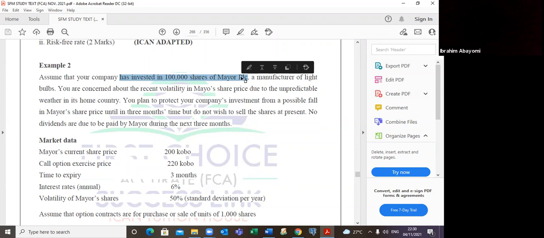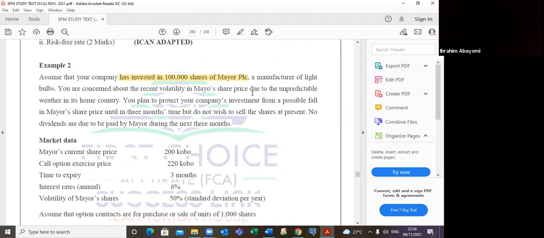So if you have something, will you buy it again? No. You understand? The answer is no. So it means that this company will be selling the shares in 3 months' time. They plan to sell it in 3 months' time, because they already have the shares.